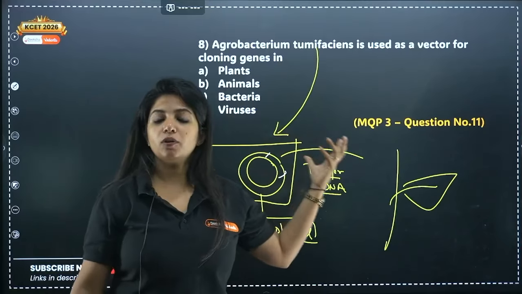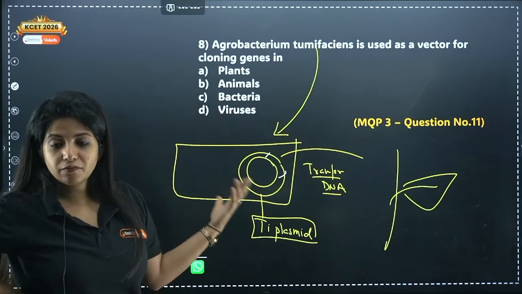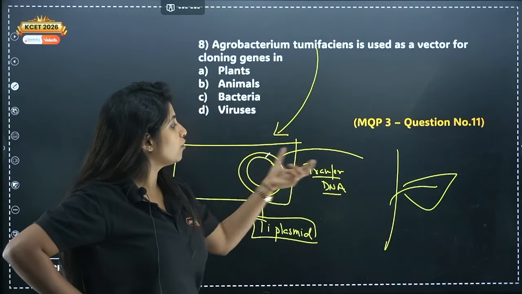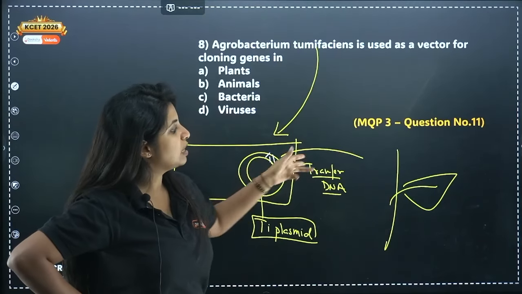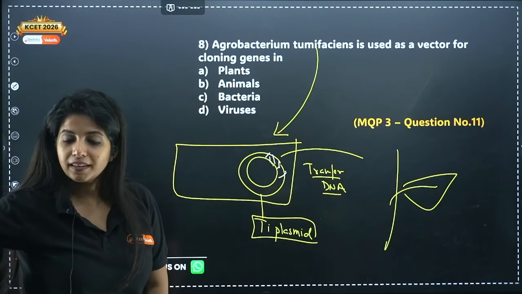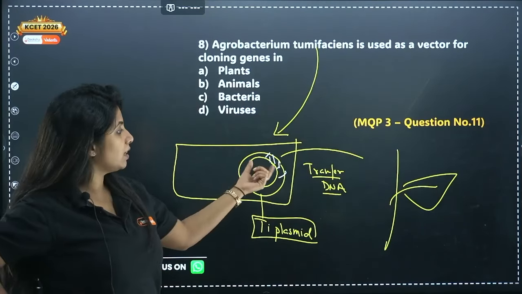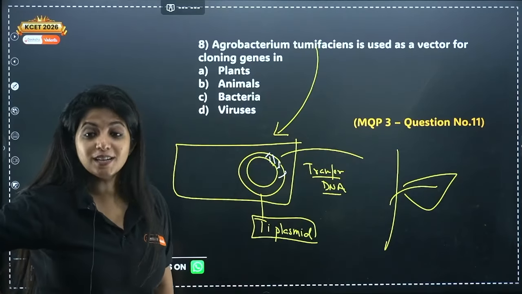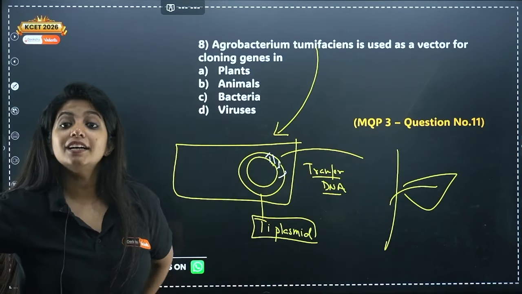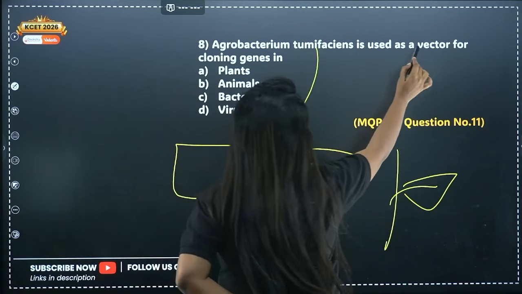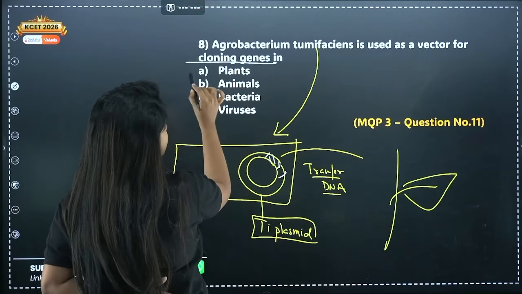The bacteria has the same function. It goes and infects, and while it infects, it passes the gene of interest into the plant. That is why it acts like a vector. So Agrobacterium tumefaciens is used as a vector for cloning genes in plants.